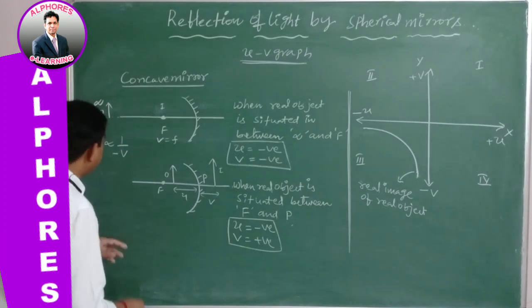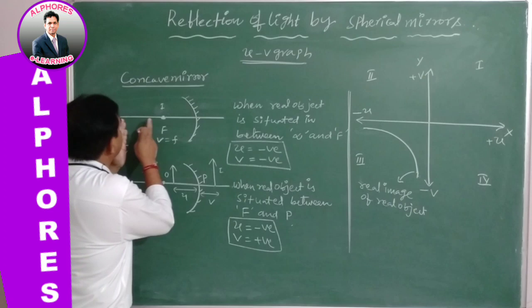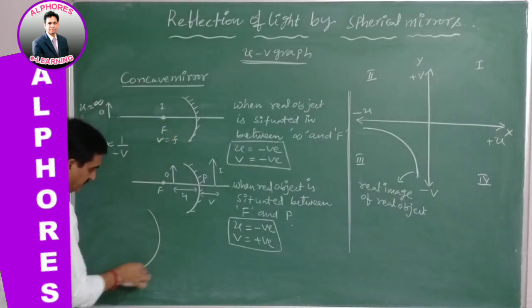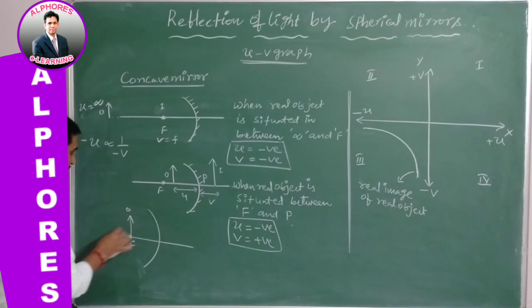Okay, so whenever the object is at infinity and slowly moving to the focus point, when the object is at the focus point, its corresponding image goes to infinity, V goes to infinity.